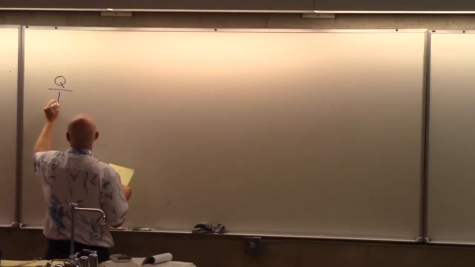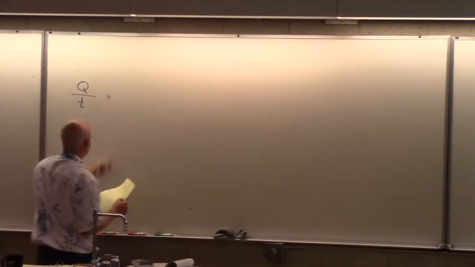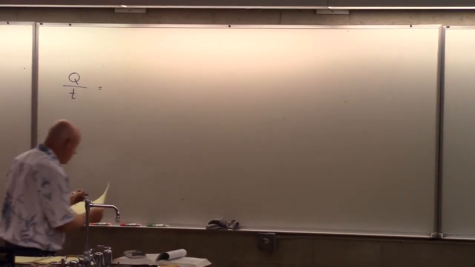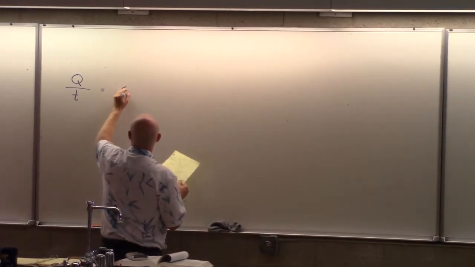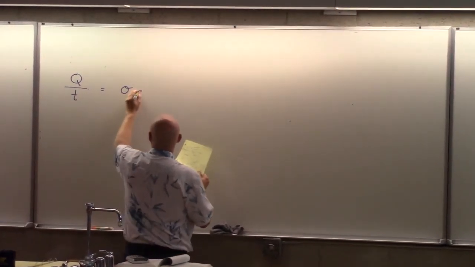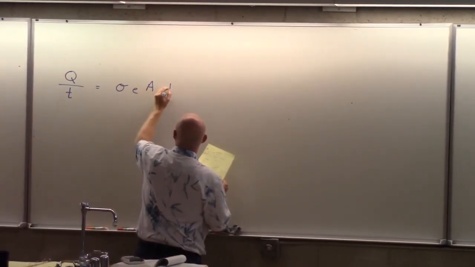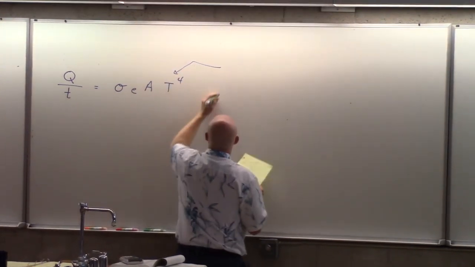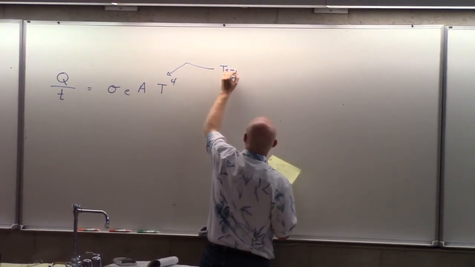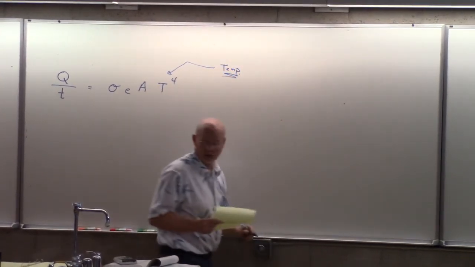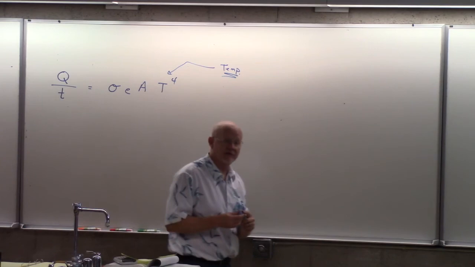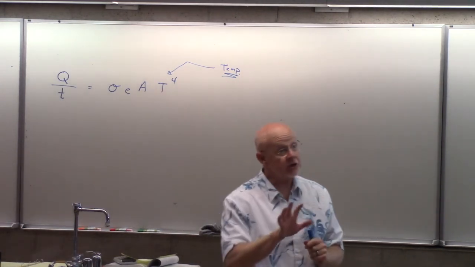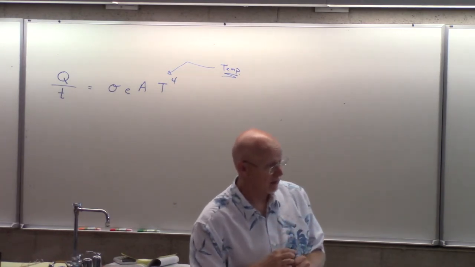So Q/t, the rate at which energy is leaving a hot object, is equal to, and there's some factors here. Let me start with the most important one, the temperature. How much energy comes from a hot object depends on its temperature. And interesting, it's temperature to the fourth power.